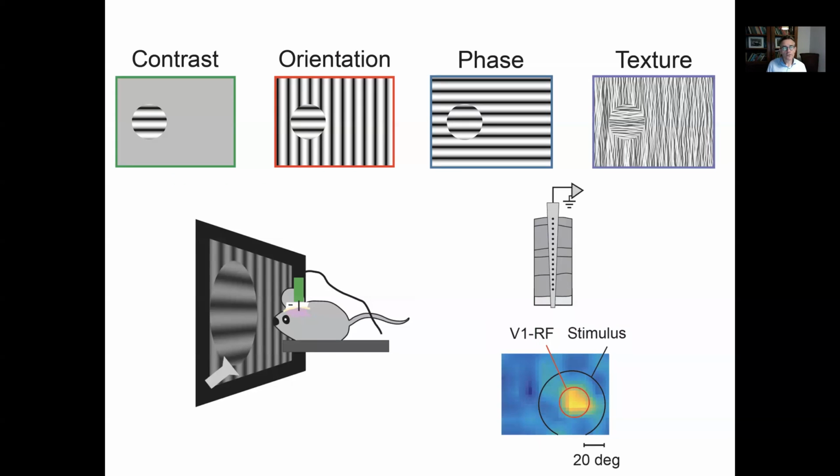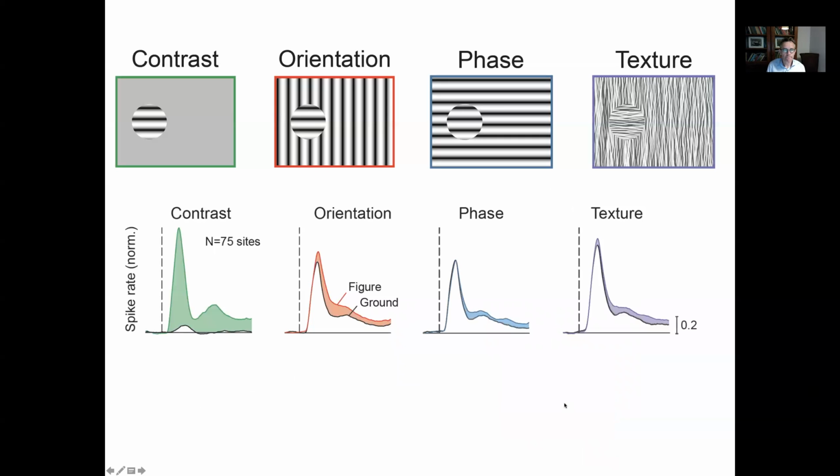Okay, so the first thing we did is record multi-unit activity from primary visual cortex. You also have to realize that receptive fields in mice are quite large, typically about 20 degrees in primary visual cortex. This shows you activity.